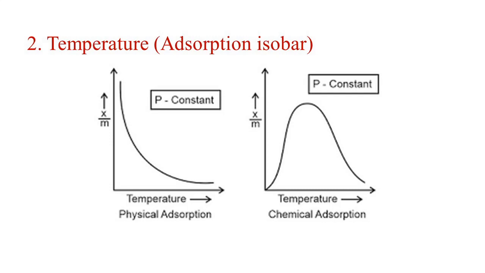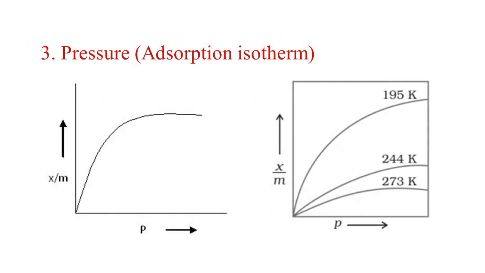Constant pressure plots are known as isobar, and in adsorption isobar, it represents the variation of extent of adsorption with the temperature. But now, what is adsorption isotherm? Adsorption isotherm represents the variation of extent of adsorption with the pressure at a constant temperature.